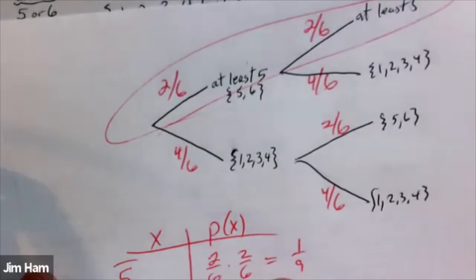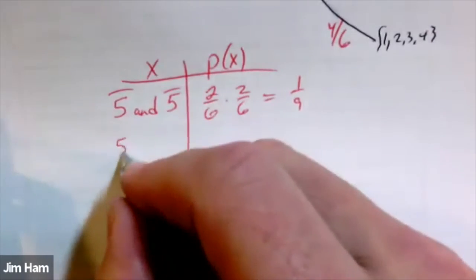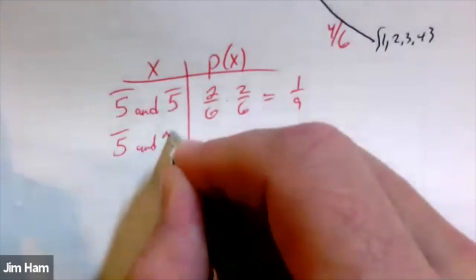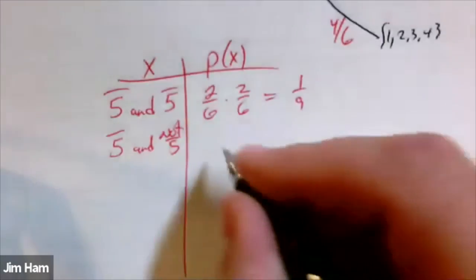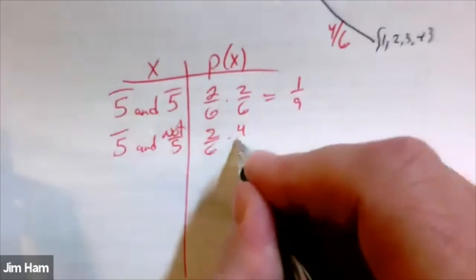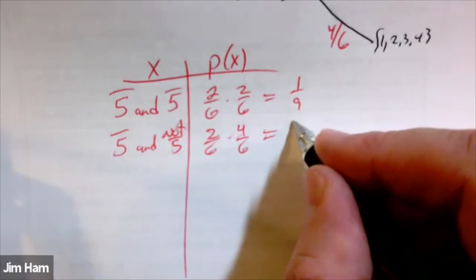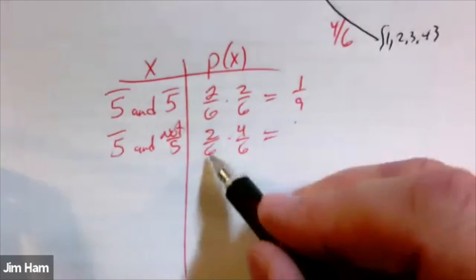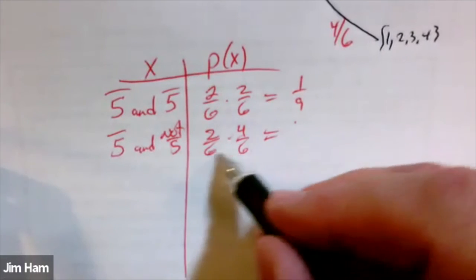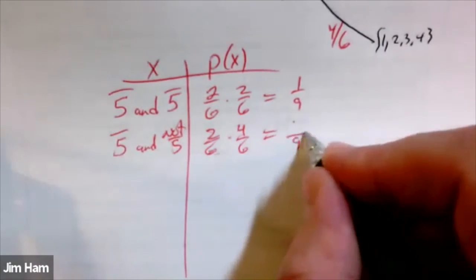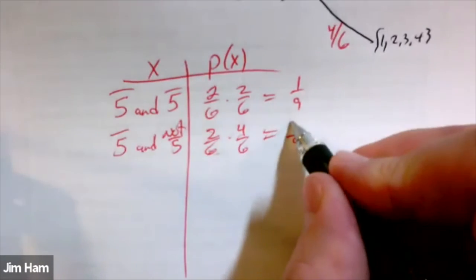I'm just going to go 5 and 5. If you do 5 and not a 5 or greater, then you have 2/6 times 4/6, which, if you cancel the 3 out of each one, is 2/9.